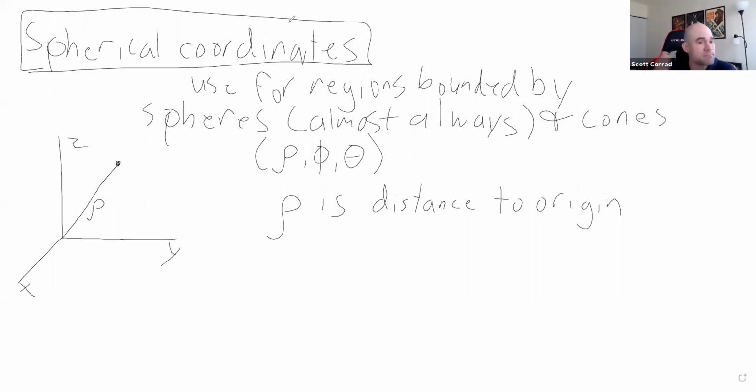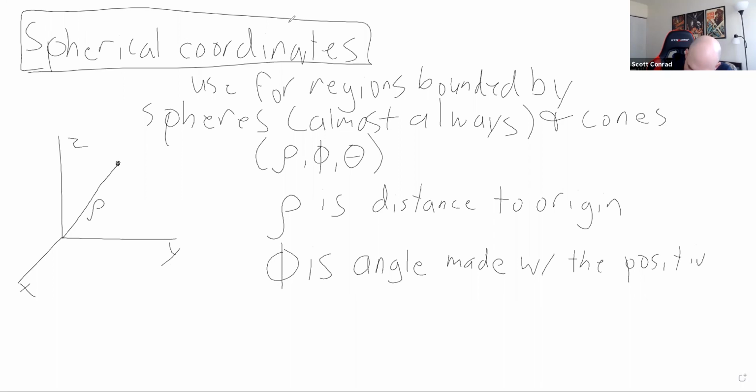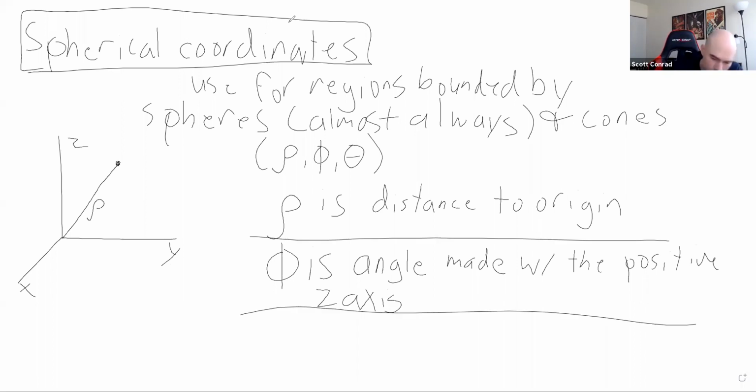Phi is maybe the weirdest one. It's the angle made with the positive z-axis. So here, this is phi right here.